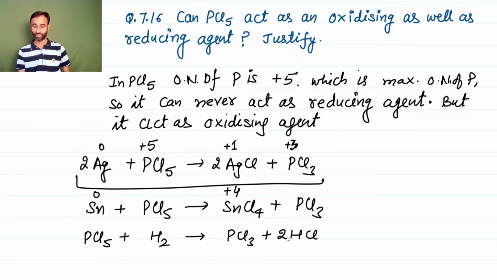Okay, so just balance them. SnCl4 and 2PCl3. So here hydrogen is 0, and in this case hydrogen is +1. Done.